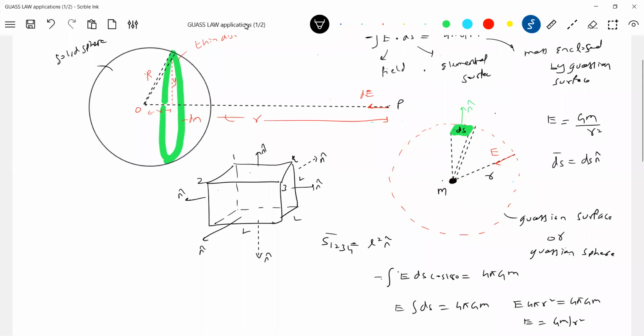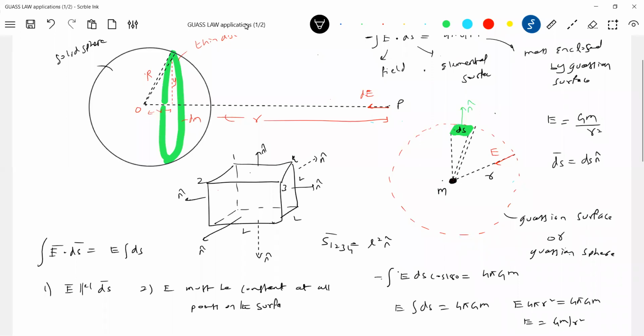Now, when you can write E bar dot ds like this, two conditions have to be followed. Everywhere, E bar must be parallel to ds bar, and E must be constant at all points on the surface.